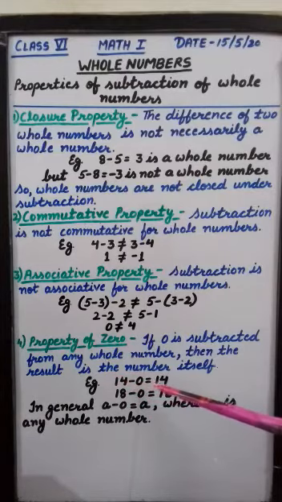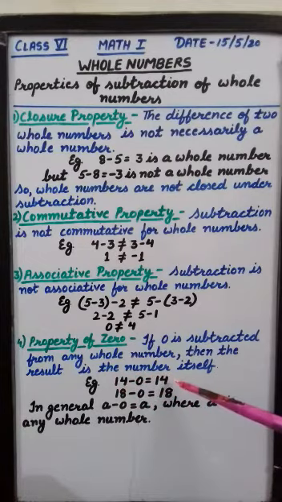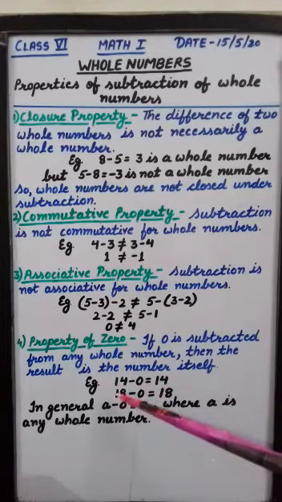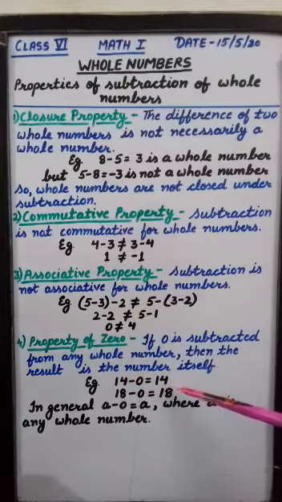14 minus 0. So here when we are subtracting 0 from a whole number, the answer is the number itself. So the answer is 14. Here 18 minus 0, the answer is 18. So whenever we are subtracting 0 from a whole number, the answer is the number itself.